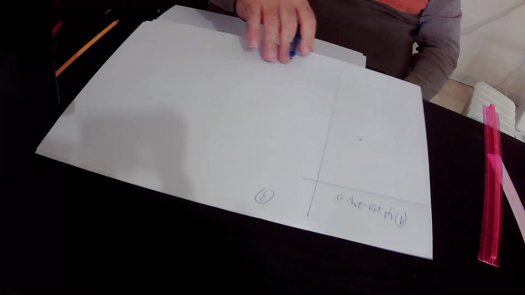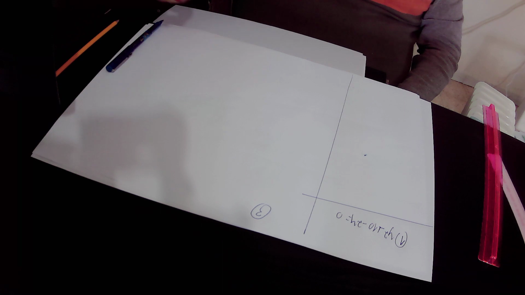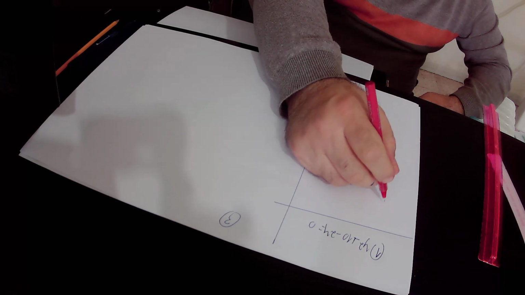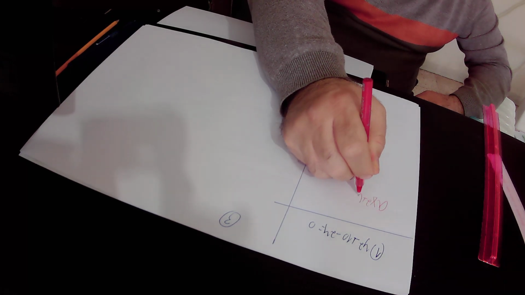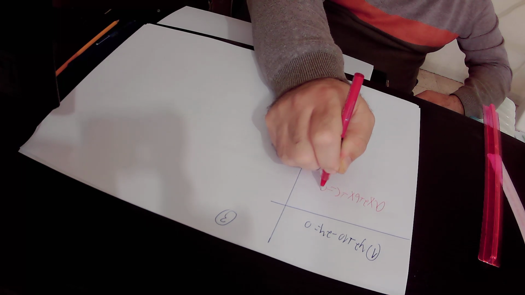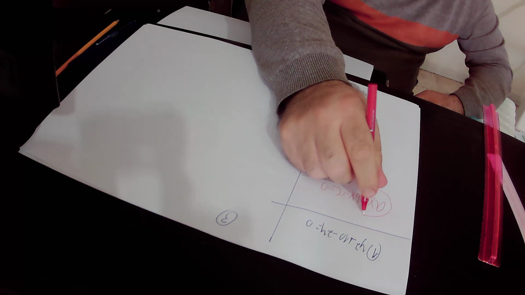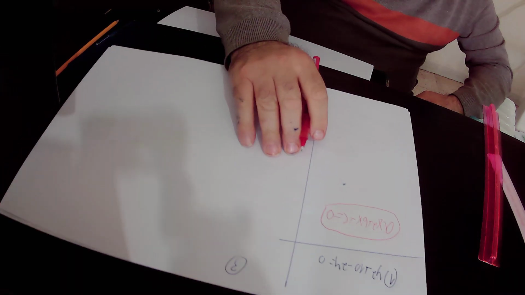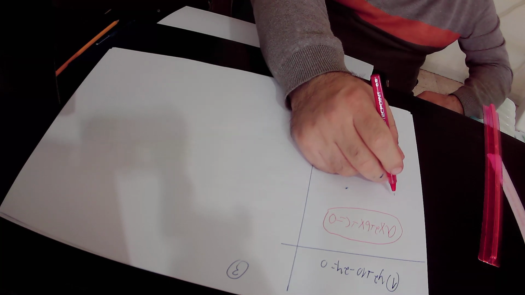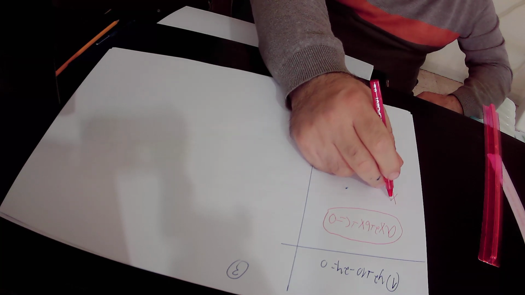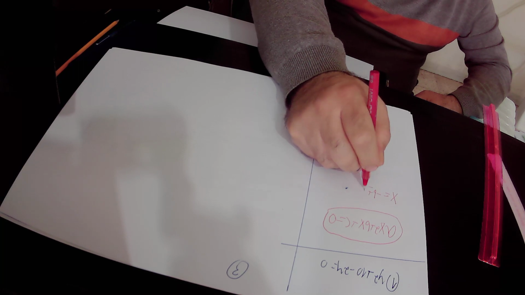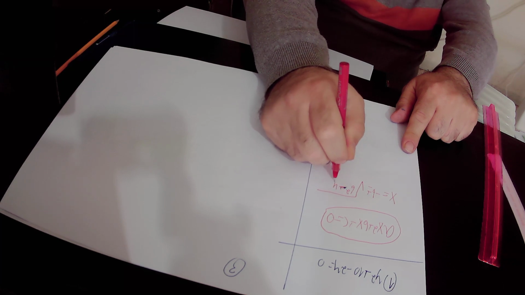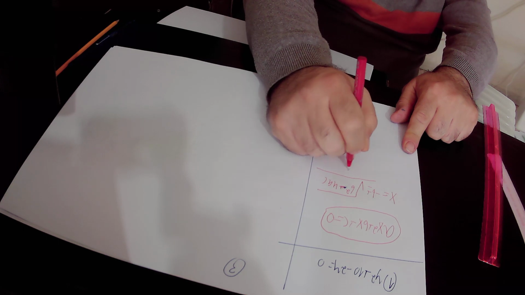This is a quadratic equation, and the general formula for a quadratic equation is ax squared plus bx plus c equals 0. Here a, b, and c in this general formula are the coefficients of a quadratic equation, and x is the variable that we are looking for, and we will find the value of x according to the following formula. X equals minus b plus minus square root of b squared minus 4ac, over 2a.